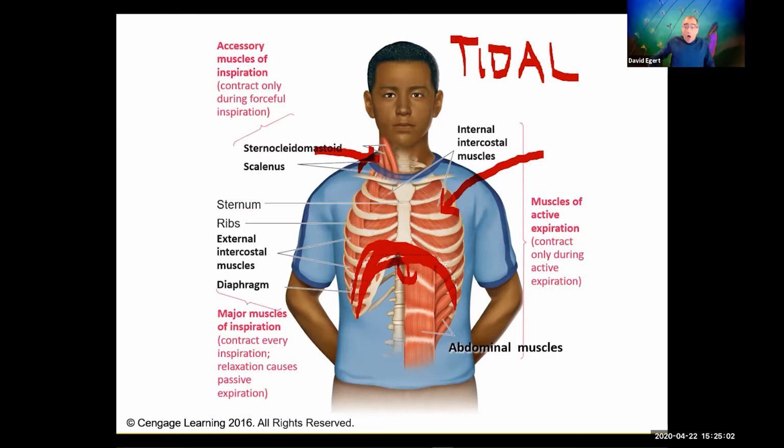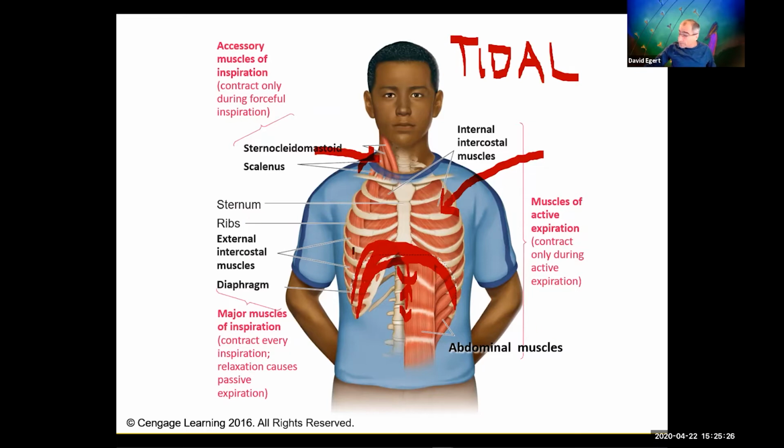When you're doing a real forced inspiration, your diaphragm might plunge to like 10 centimeters, and you might have a pressure difference of like 100 millimeters of mercury inside and outside to really get the air rushing in. But during quiet breathing, it's just small physical distances and small pressure differences.